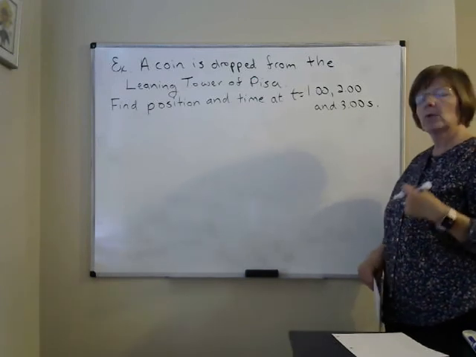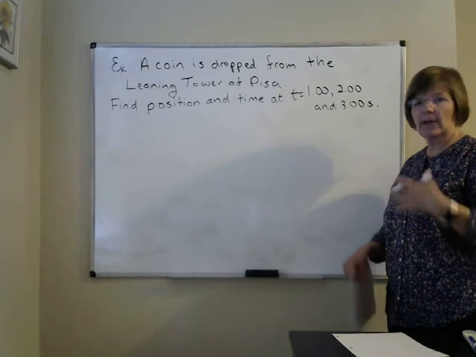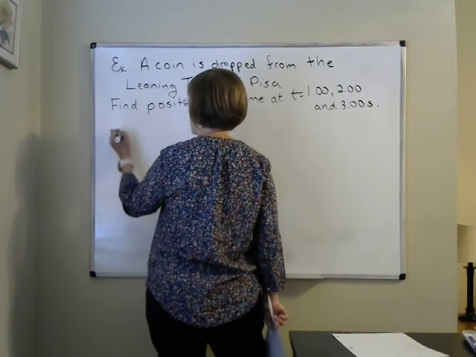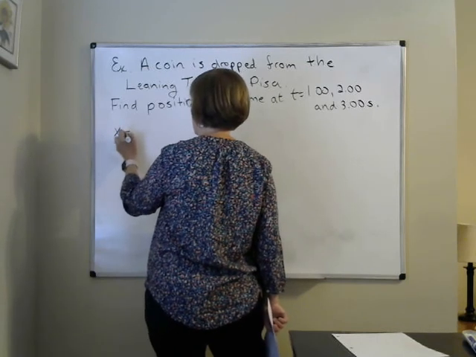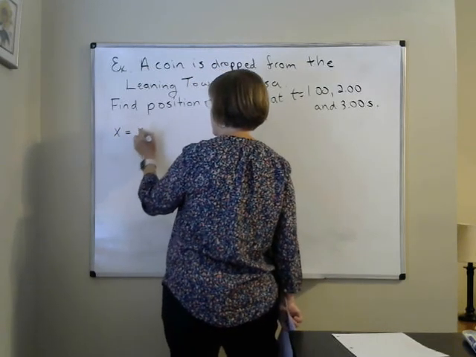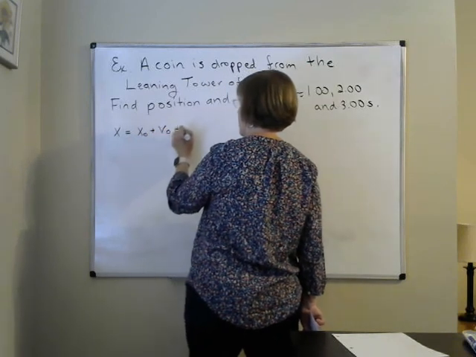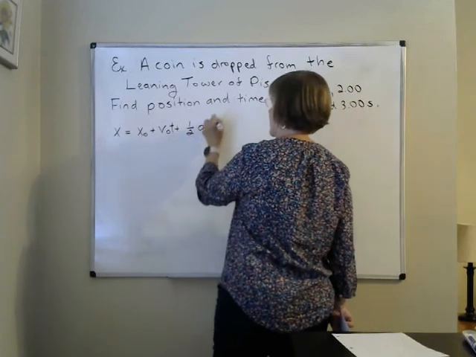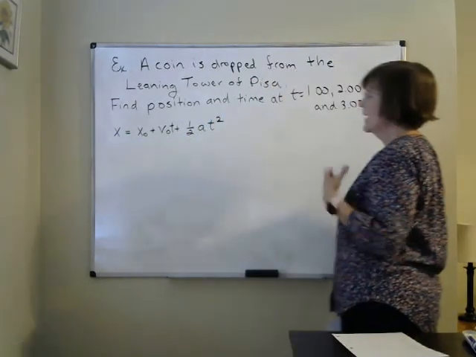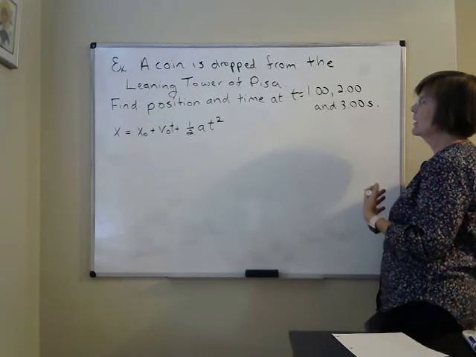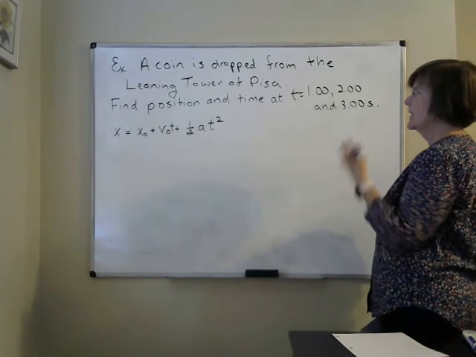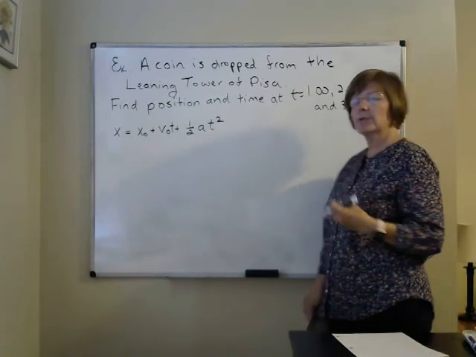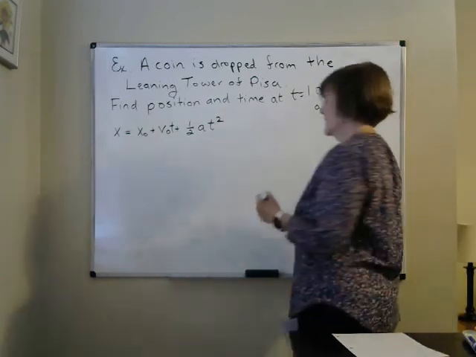We'll go ahead and we'll let down be negative like we do most of the time. We know that our position is given by that formula. However, let's stop and think about, we know if we drop something, v naught is 0. If we consider the top of the tower to be 0, this might be a case where it's good to draw a picture.